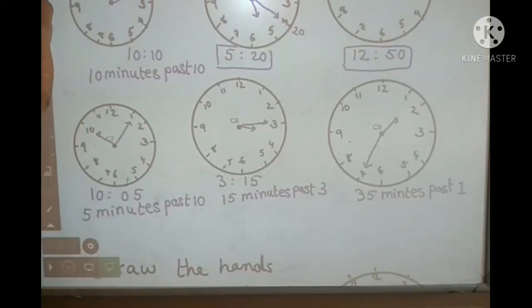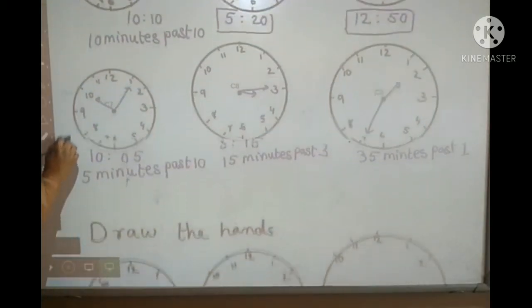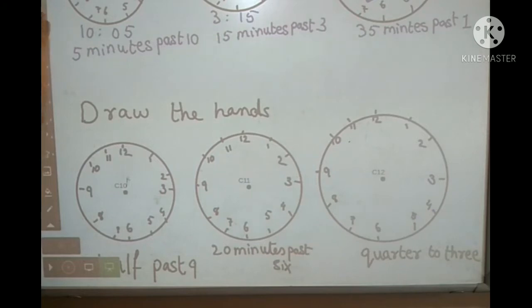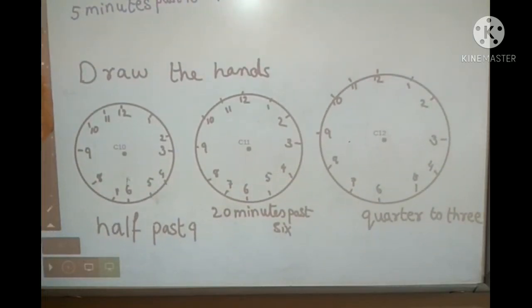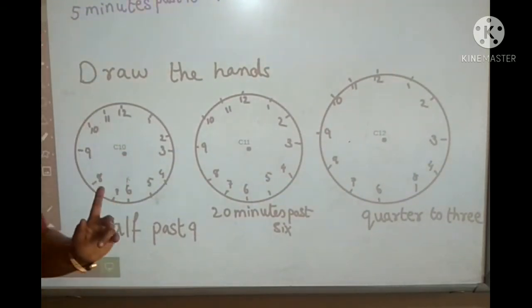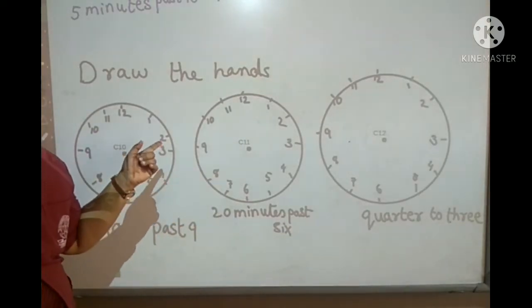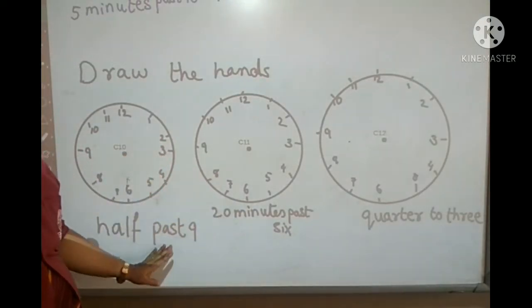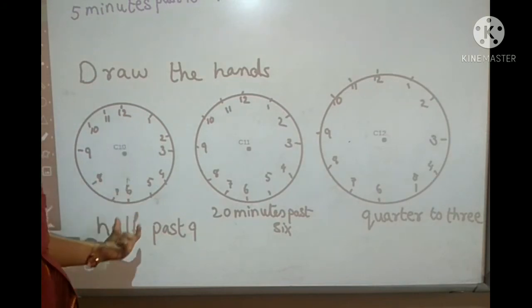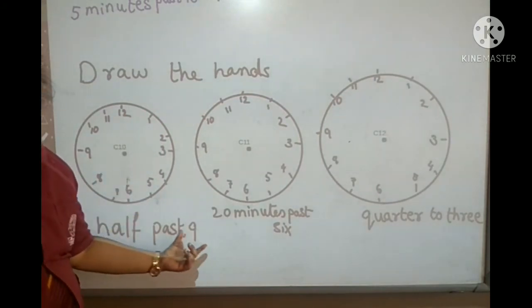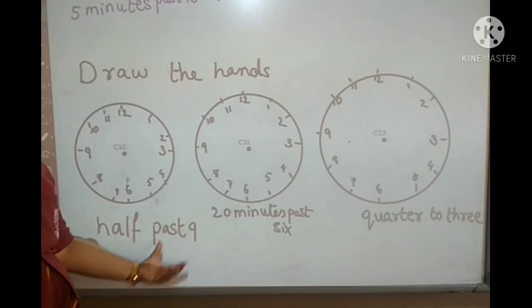Now draw the hands. First you had the question where you have to tell the time. Now the time is given, you have to show the hands. This is 9:30. 9:30 means half.